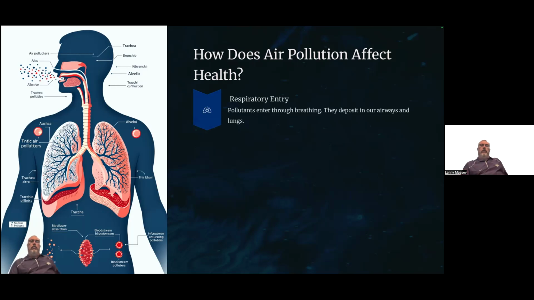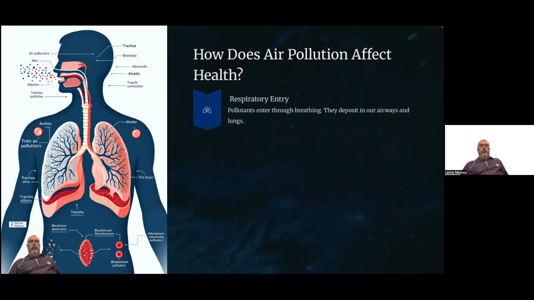Basically, how it affects your health is, first, pollutants enter through your breathing. They deposit in our airways and in our lungs. That's basically what cigarette smoking, vaping, things like that do as well. You are introducing, on a personal level, pollutants into your body. That is something that you could help if you are a smoker or a vaper, by dropping that, because you are putting air pollutants into your body.